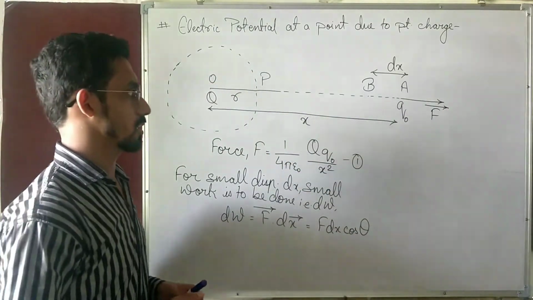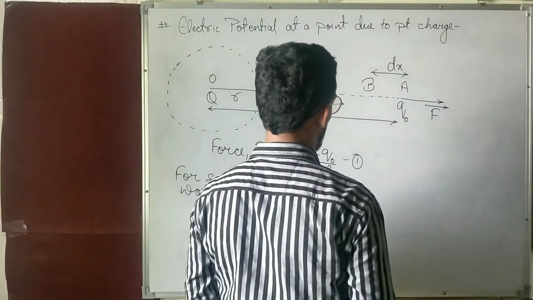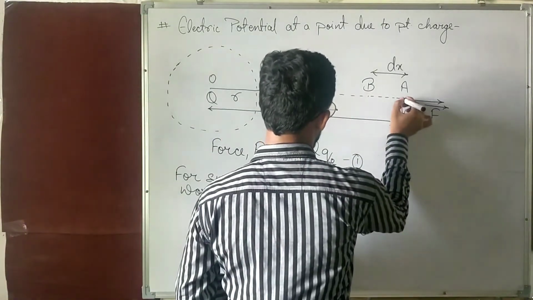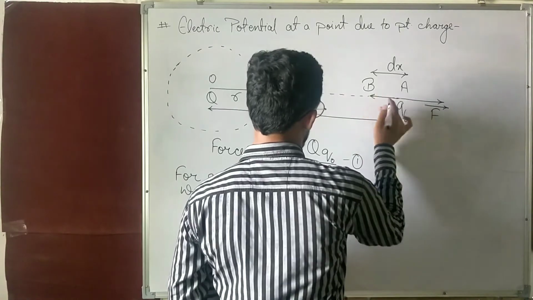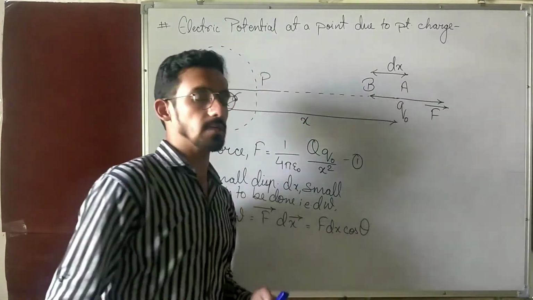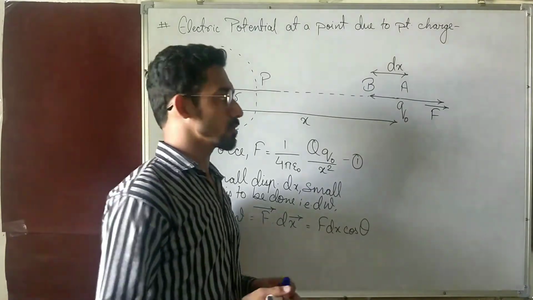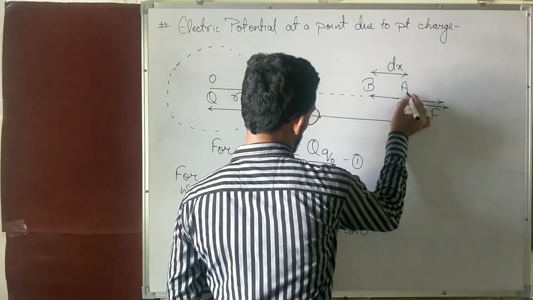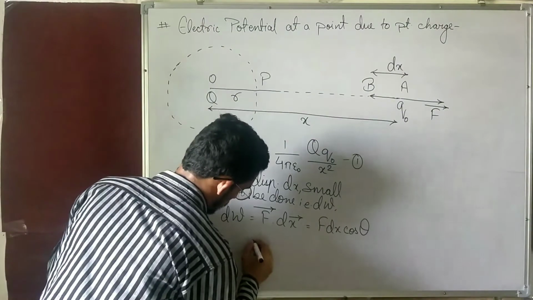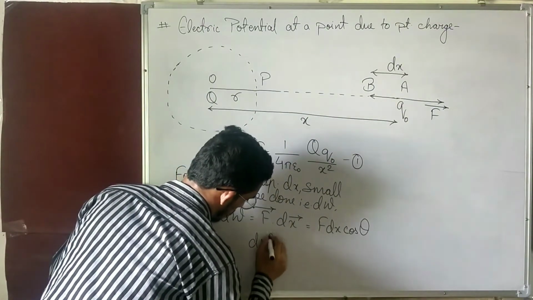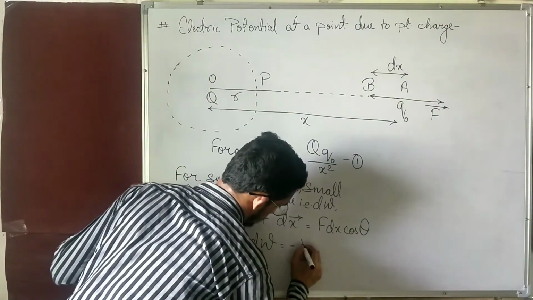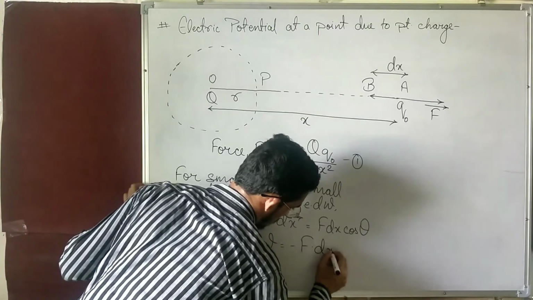Now just see here, the displacement is in the direction from A to B and the force is in the direction just opposite to the displacement. So theta is 180 degrees, then dw becomes equal to minus F dx.